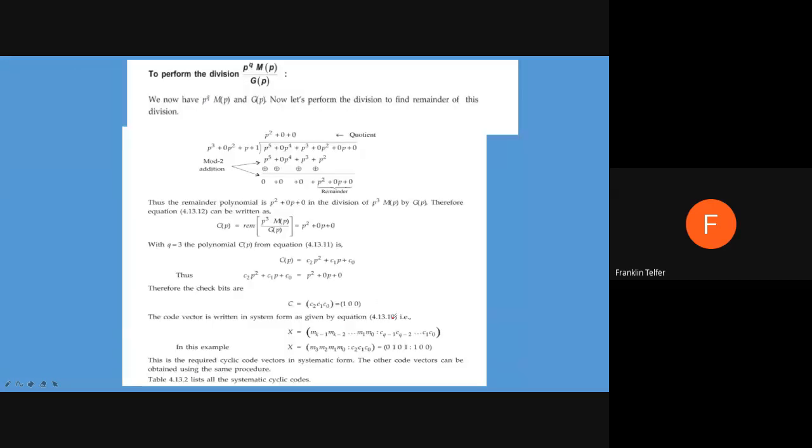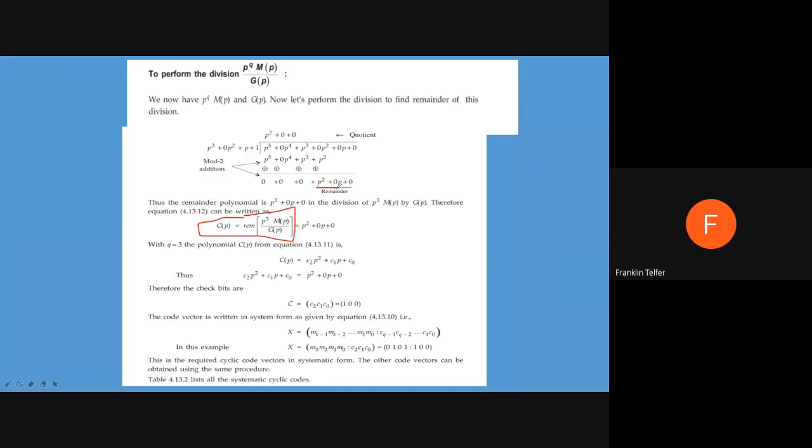Okay, the next step is to perform the division for the systematic form. Because it is systematic form, you have to find this: the remainder of p power q times m of p, the message polynomial, divided by the generator polynomial. For this, we have to compute it. So divide the message polynomial by the generator polynomial. You will have a remainder here, p square.